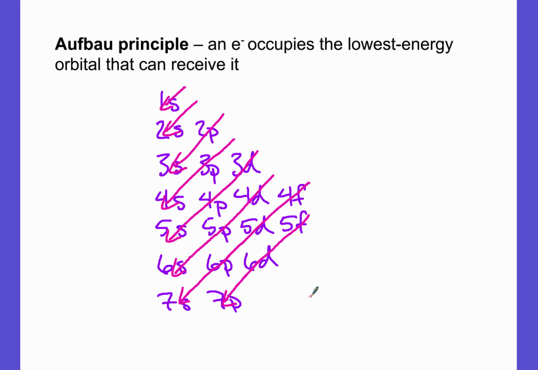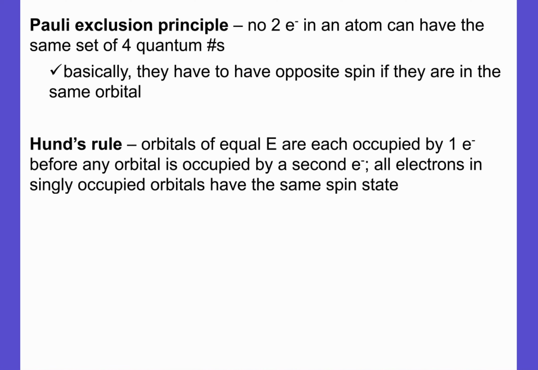I'm going to go with a 5S before a 4D. But I'm going to have to do 4D, 5P, 6S before I can get to 4F as well. So you just do what you have to do, but this is your general pattern that you're going to follow with the Aufbau principle.